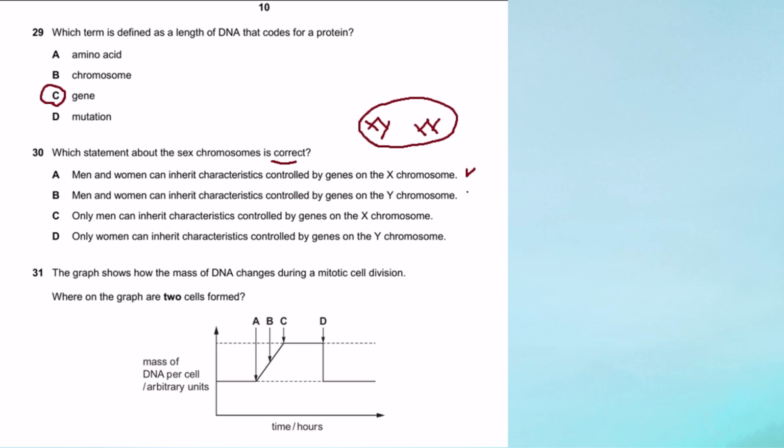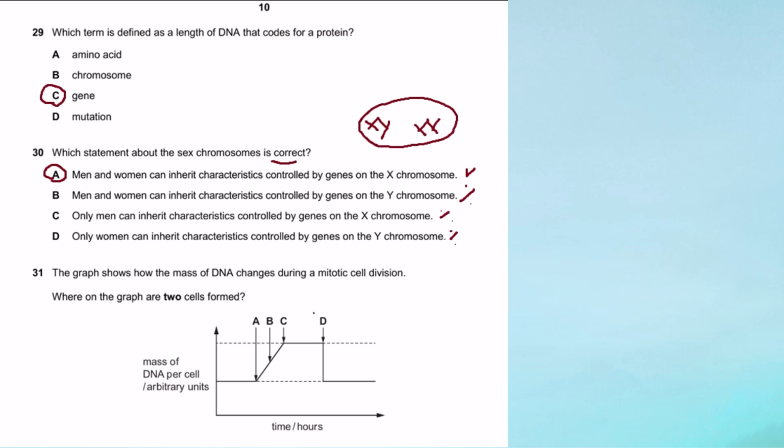Well, no, because women don't have it, so that one it can't be. Only men can inherit characteristics controlled by the X chromosome? No, because both men and women have it. And only women can inherit characteristics controlled by the genes of the Y chromosome. That one's wrong as well, because Y is on the male. So that leaves us with the only possible one being A.